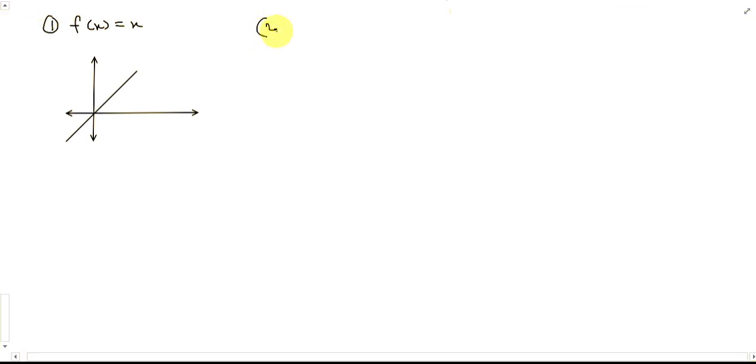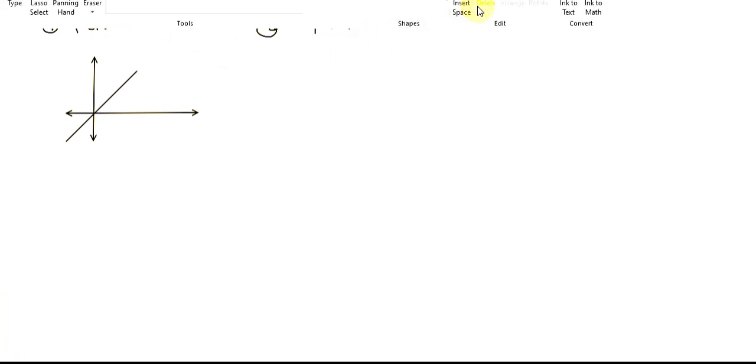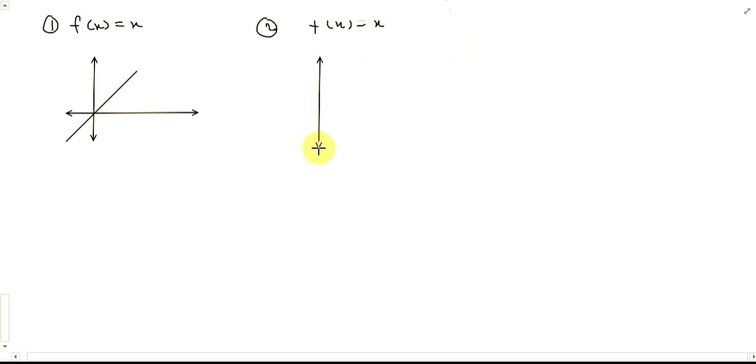Next question, f of x is equal to x square. The graph of this function will be like this, that will pass through the origin and be concave upward, and symmetrical about the y-axis.